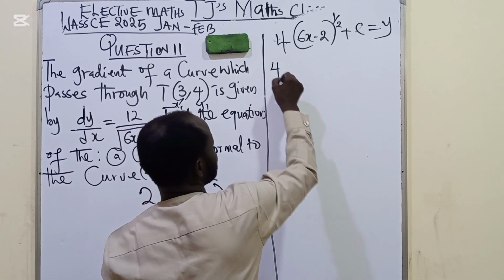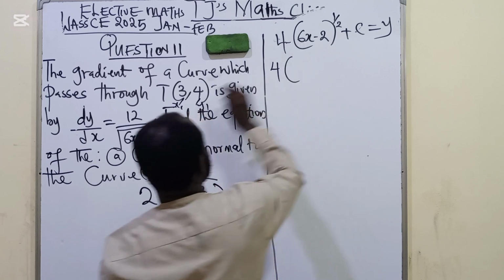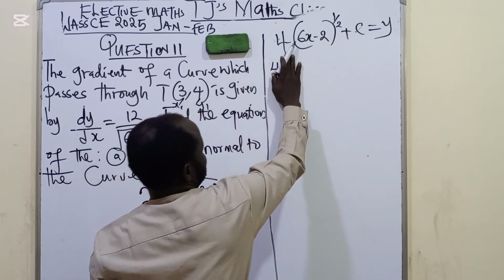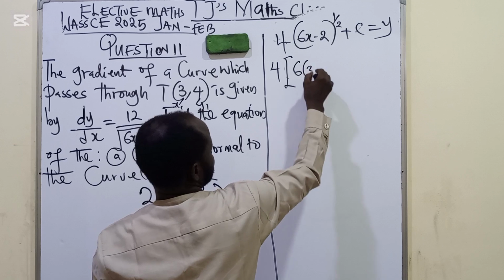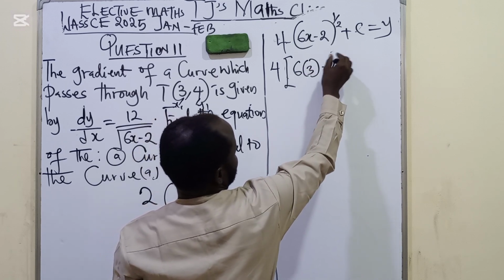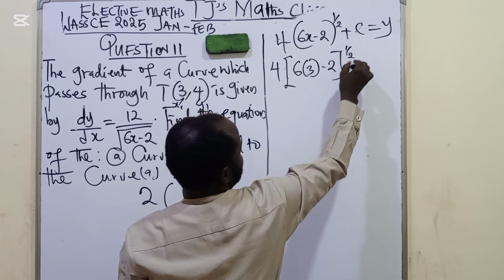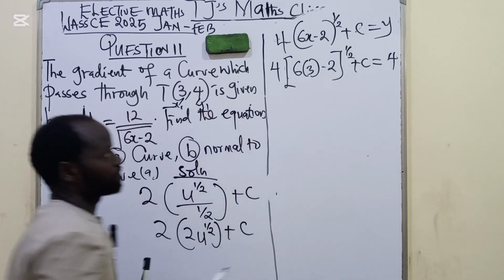So it will be 4 into 6 times 3. Let me use a square bracket so that we can expand very well. It will be 6 into 3 minus 2. We close the bracket, power half plus the constant of integration equals 4.